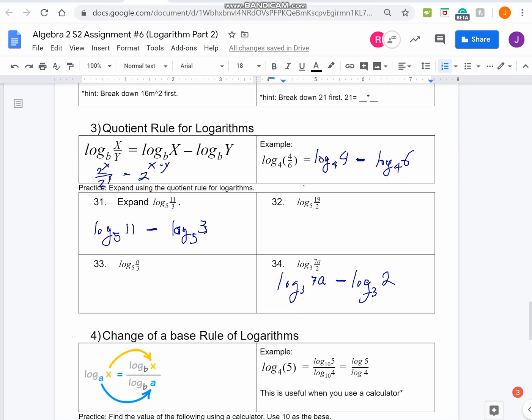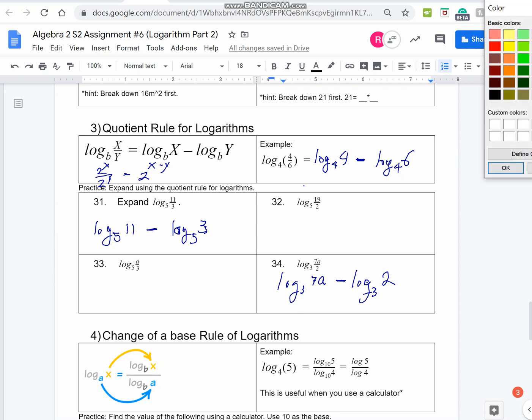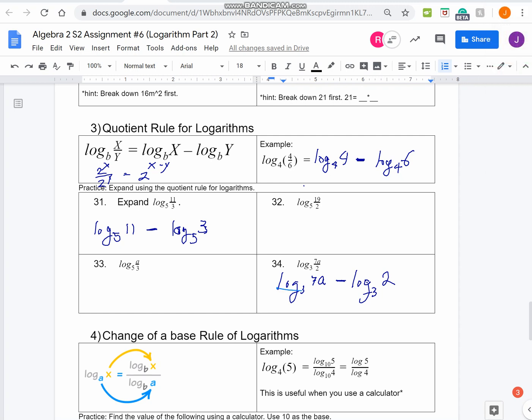Yes, that's actually going to be our product rule. So if you are applying the product rule in here, you can break this down one more time as log base 3 of 7. And since it's multiplication, what should I put in the middle? Is it plus or minus?